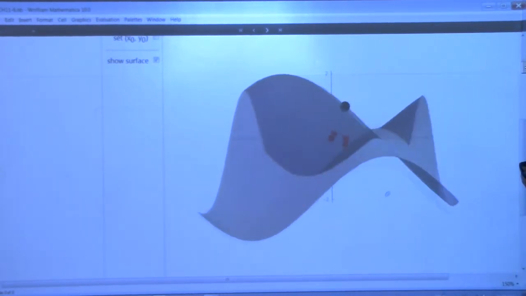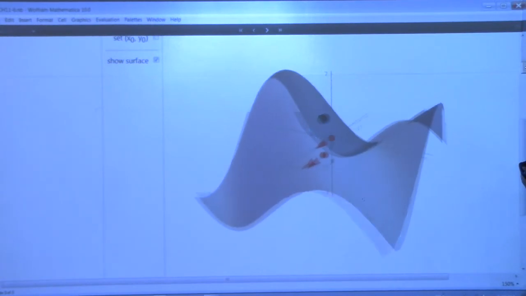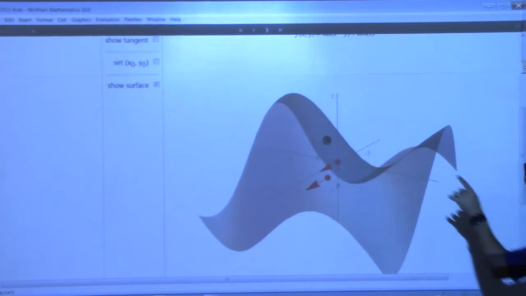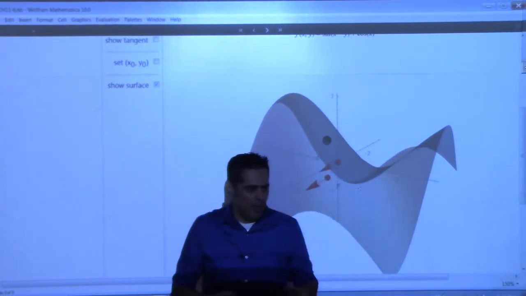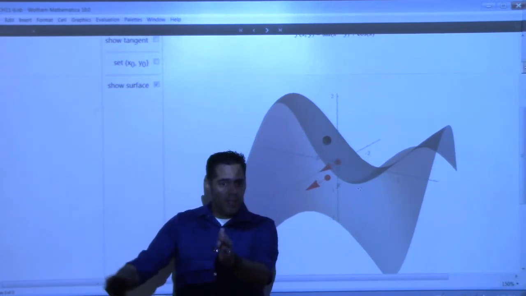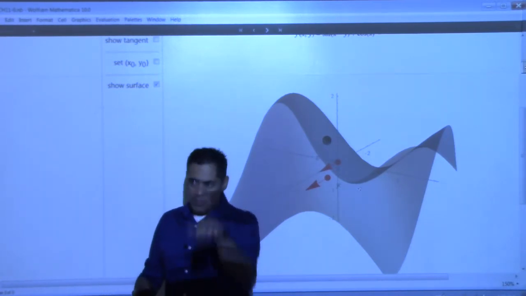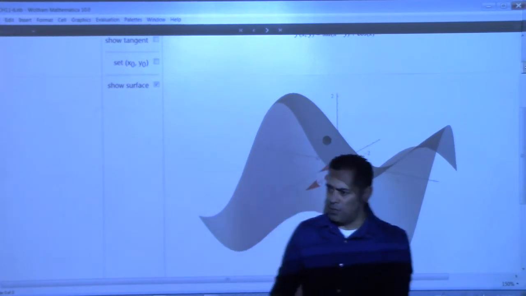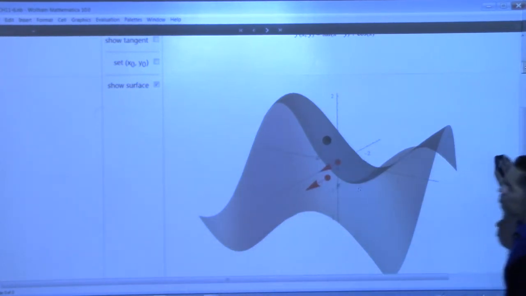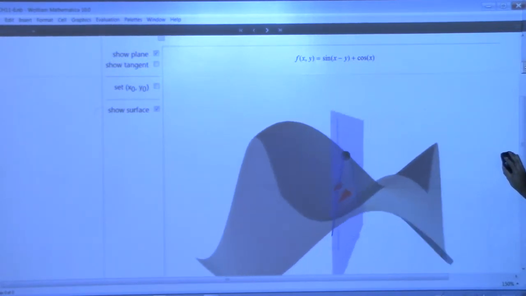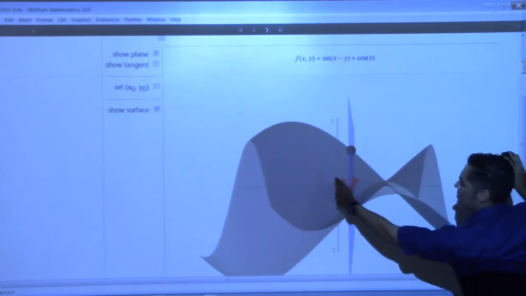All right, so that's us standing on the surface, right? Now what we've already talked about is that if we were standing on that surface and we aimed ourselves parallel to the x-axis and then talked about a slope of a tangent line there, that would be our partial derivative with respect to x, right? So visually, we've seen this. What we're doing is we are slicing it with a plane that runs parallel. Here's our x-axis coming at us.